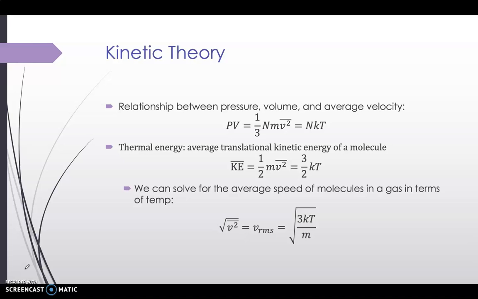So thermal energy, or the average translational kinetic energy of a molecule, is going to be equal to 3/2 kT. And we can then solve for the average speed of molecules, which is called VRMS, and that is equal to the square root of 3 times K times T divided by M, our mass.